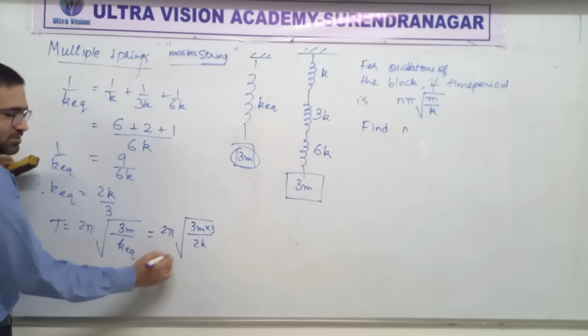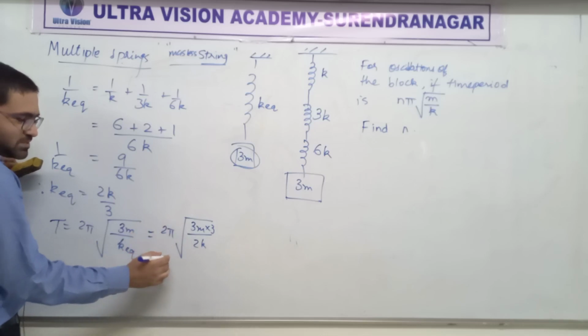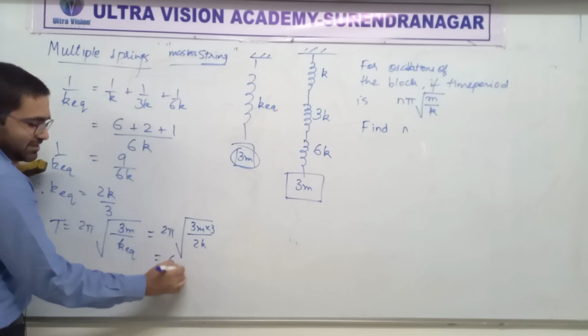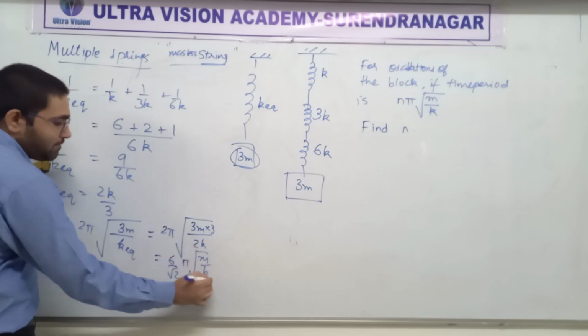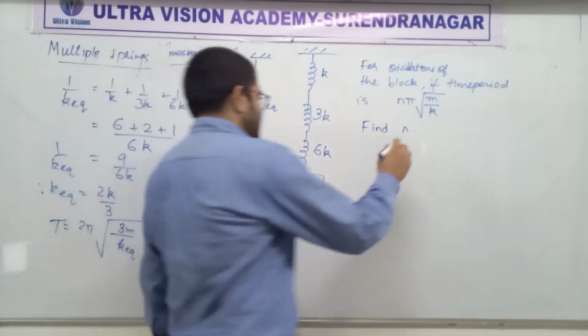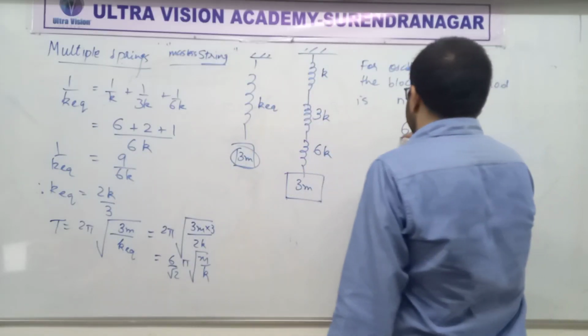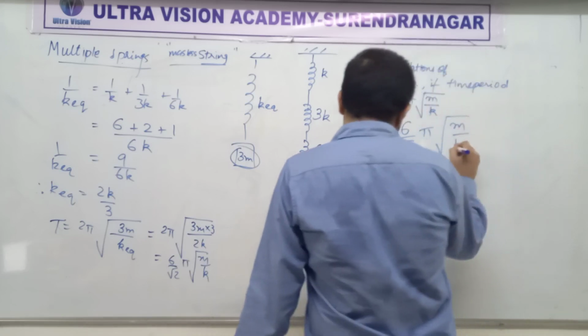Now 3 into 3 is 9. I can take it outside the square root, so 6. And then this root 2 I can write separately so that it becomes this form. So again, I am getting 6 by root 2 pi root of m by k.